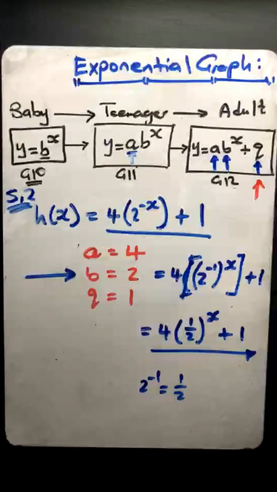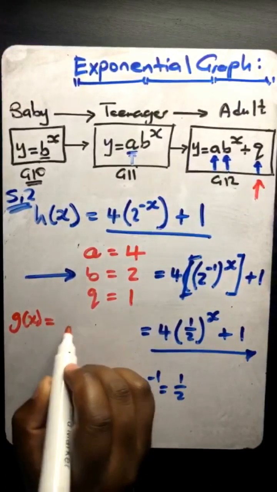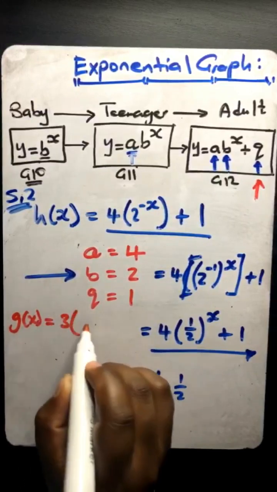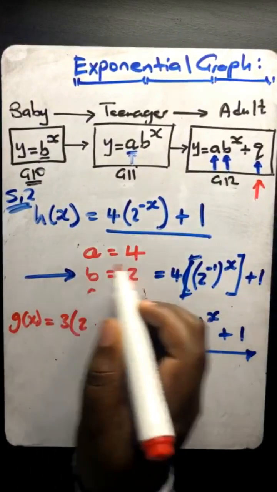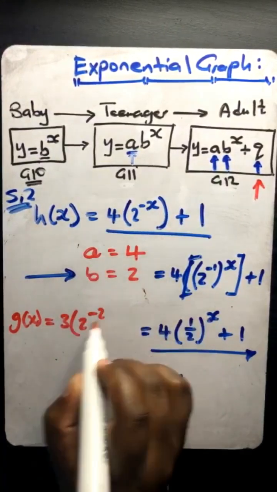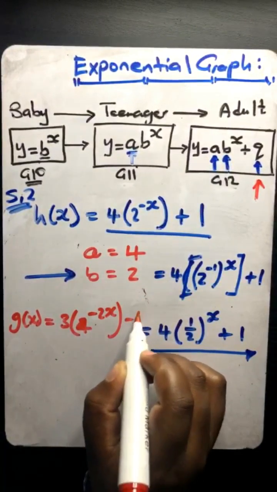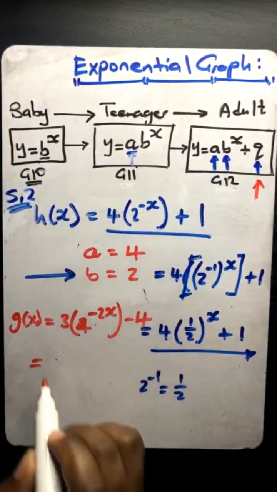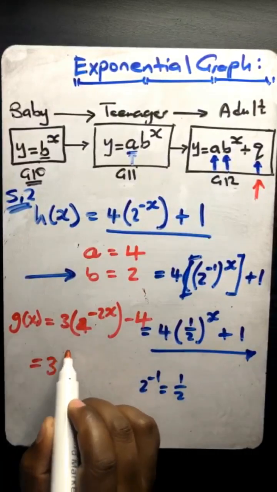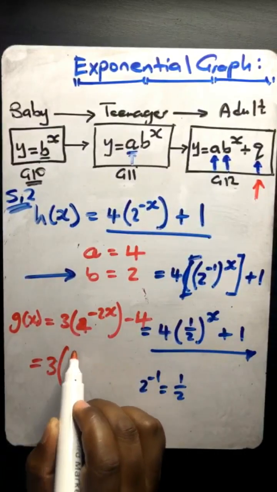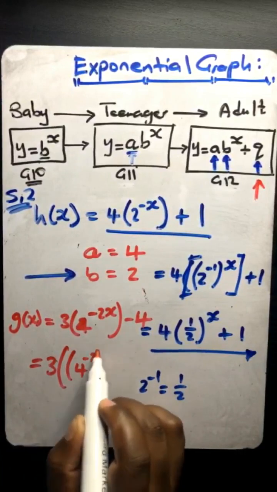So if they say g of x is equals to 3 into 2 to the exponent negative, let's say, 4 to the exponent, maybe minus 4. This thing is actually the same as 3 and then this thing, you have it as 4 to the exponent negative 2 to the exponent x.